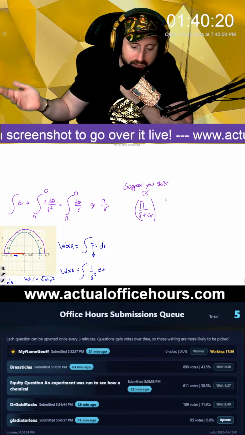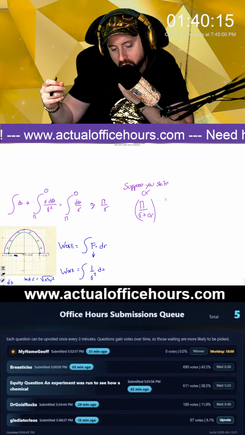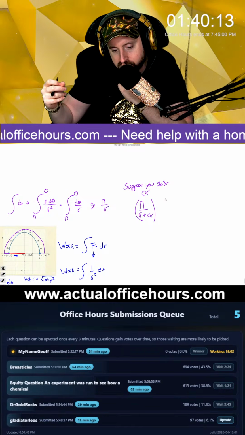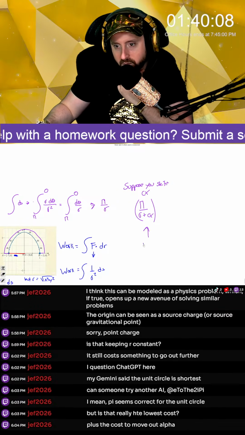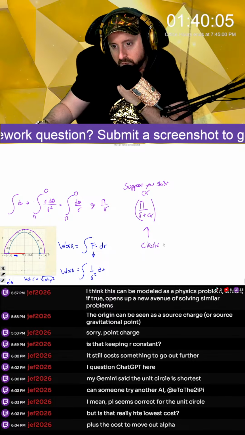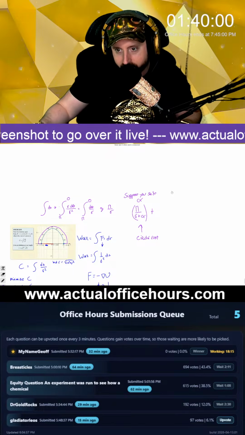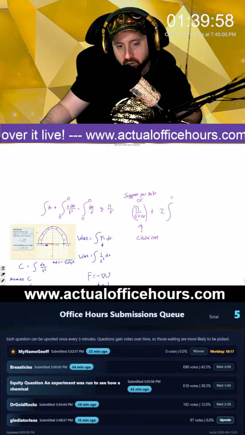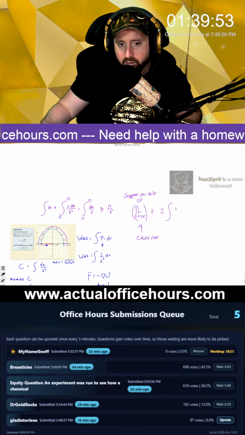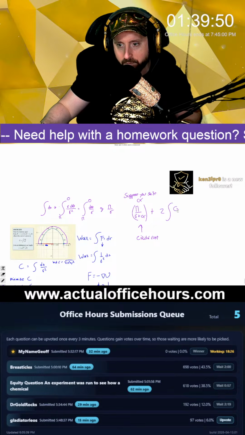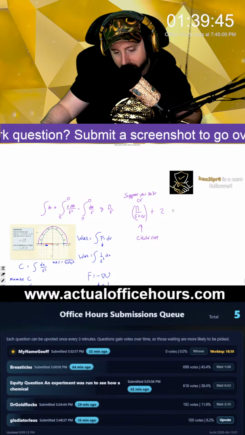I'm going to assume alpha being positive means you're further away. Let me think. This would be the circular cost. And then you'd also have to add 2 times the integral of ds, which in this case would be alpha. I have to be careful about this.